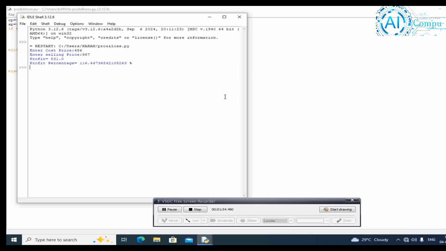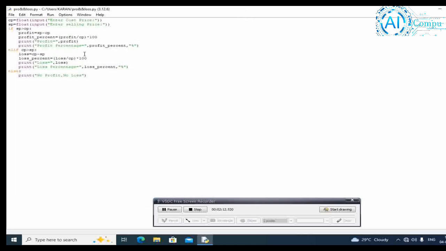See, I have generated a profit of 531 and profit percent 116 point something. See, the code ran successfully and executed. So this is a very simple and user friendly way of writing code.